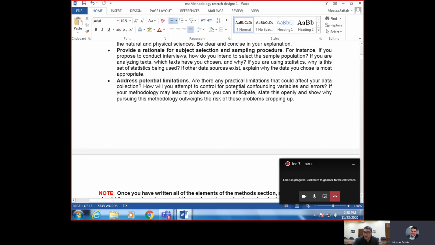How will you attempt to control for potential confounding variables and errors? Of course, usually, when we think in terms of selecting data for our research, there could be other variables that we did not examine. For instance, you forgot to ask your subjects in your questionnaire about a specific issue, a specific point.